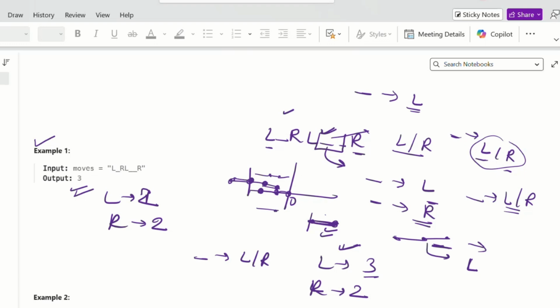We need to maximize our distance, so for the dash value we choose the direction with the larger count. And if L is 1 and R is 3, then for dash we will choose R, because we need to maximize our answer. So if R is more than L, then for dash we will choose R.